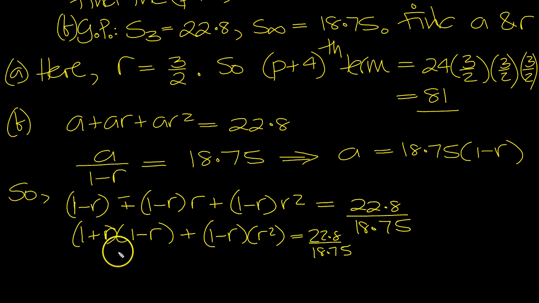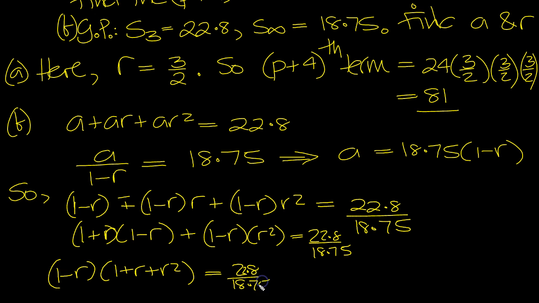So the 1 minus R is common. And then we've also got 1 plus R plus R squared is equal to this number. Well, that's not very much helpful, is it?